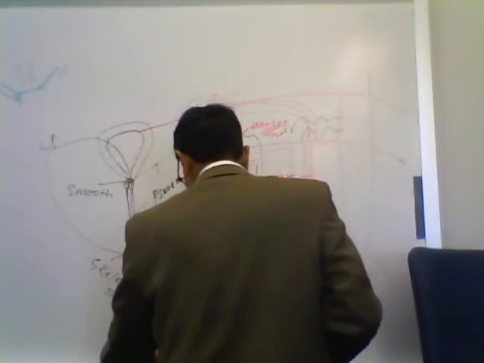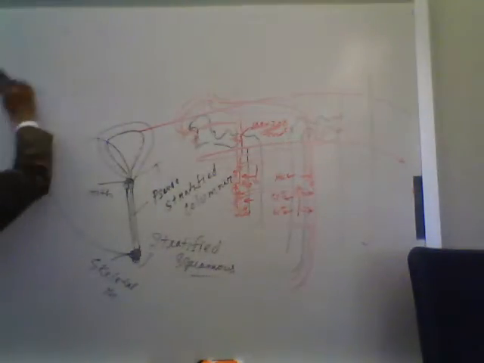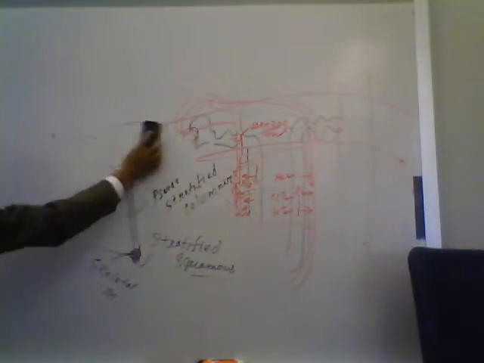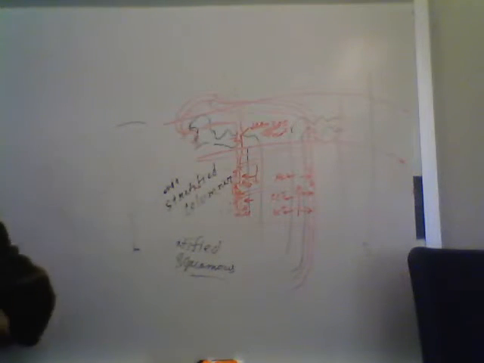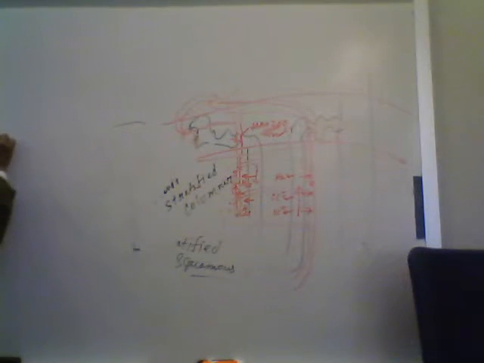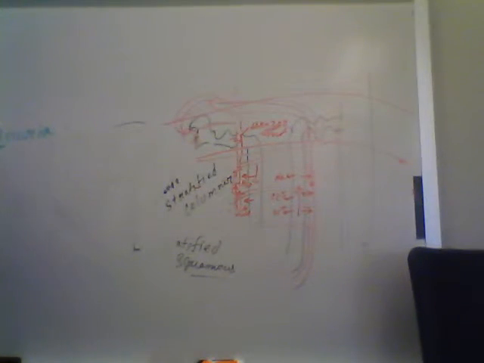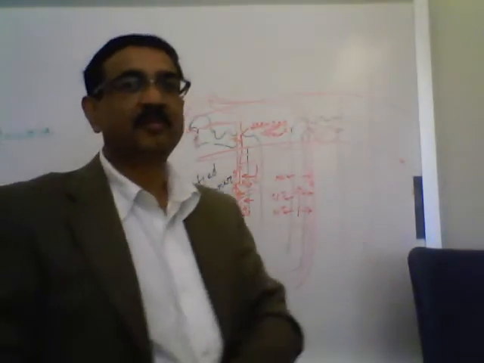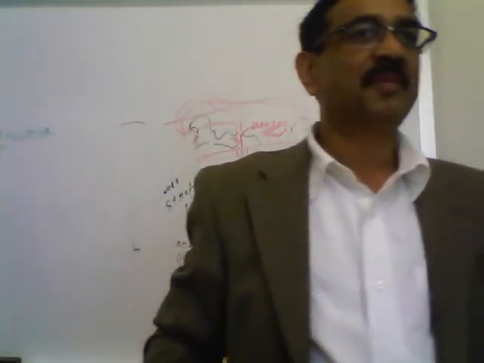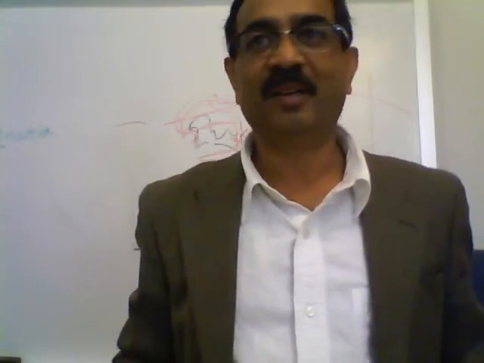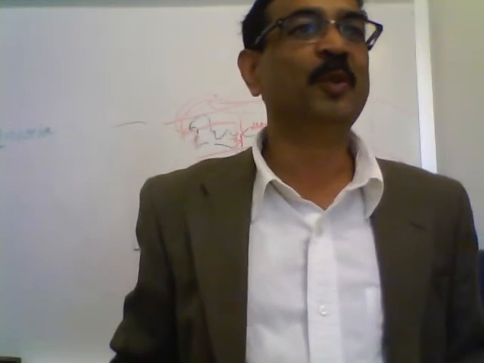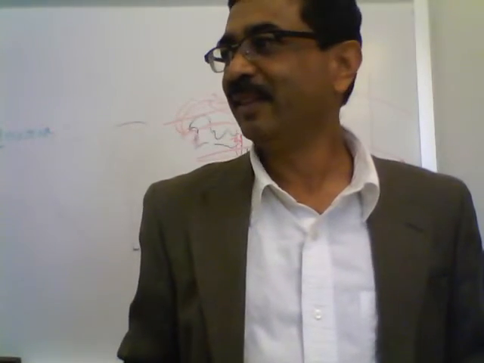Okay, so now I'll mention a couple of clinical conditions related to the urinary system. Probably you have already heard anuria. A means what? Absence, right? Apnea, no breathing. Anuria, no urine. Make sense?